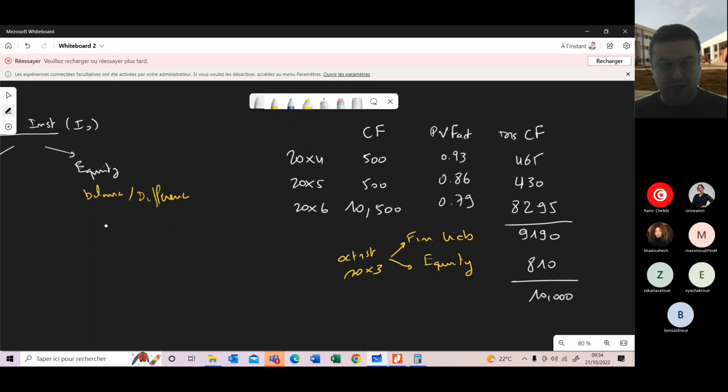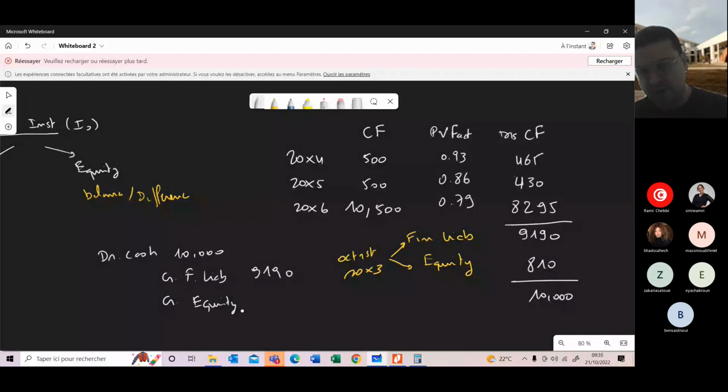Normally the journal entry, in case you're asked, you debit cash for 10 million and you credit the financial liability for 9,190 and you credit equity for 810.